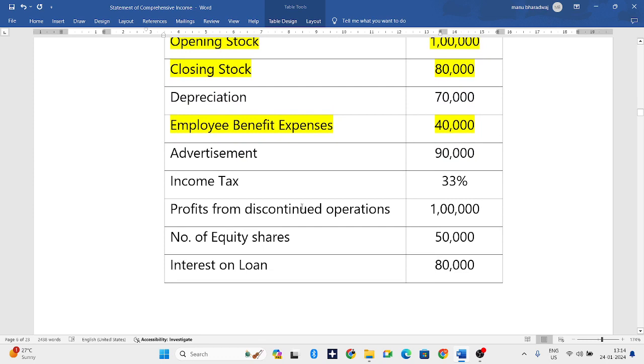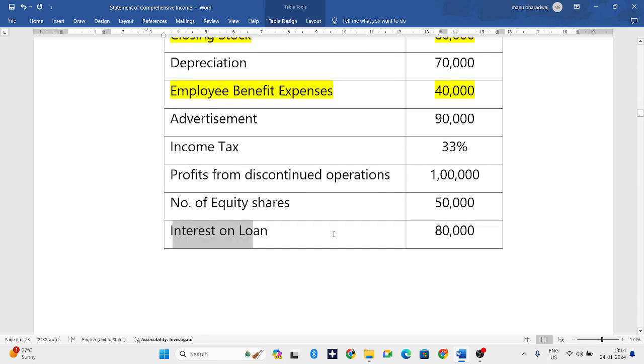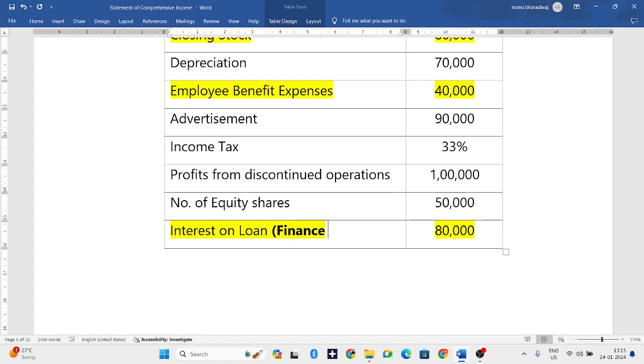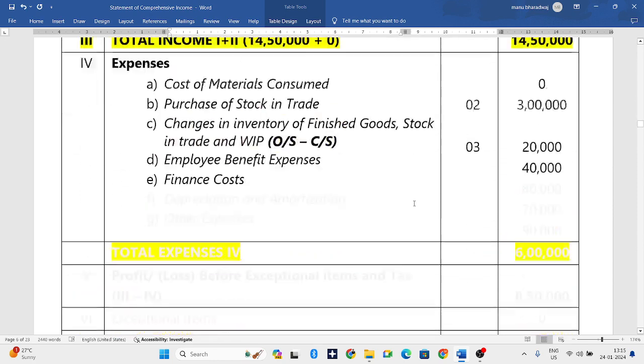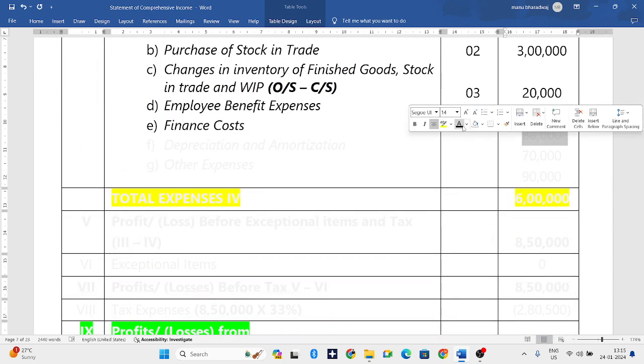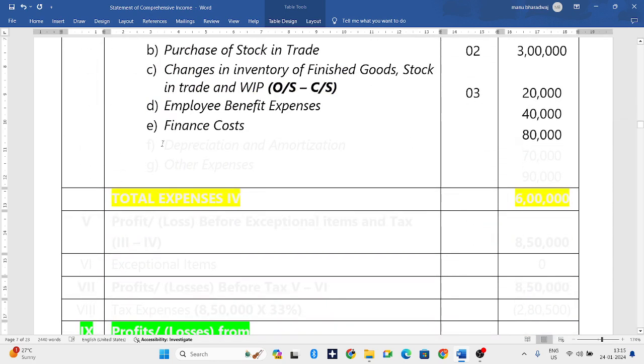Yes, here you have interest on loan. This interest on loan is our finance cost. There is 80,000 rupees of interest on loan, and we write that 80,000 rupees directly here.